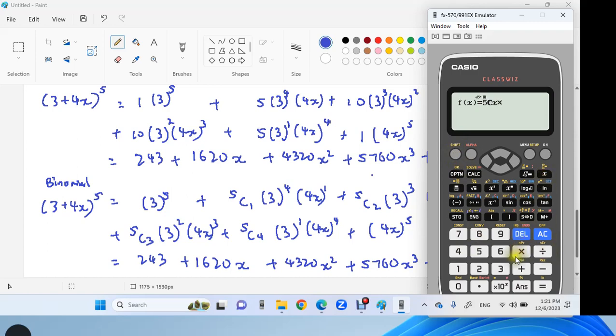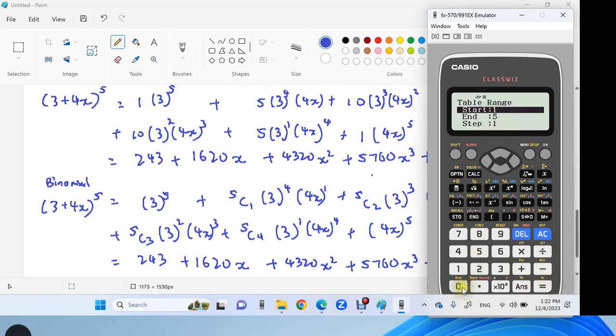Then this will be 5cx multiplied with 3 to the power of 5 minus x and multiplied with 4 to the power of x. And then I press equal. The calculator will ask for g(x) and I press equal again. Ignore the g(x).